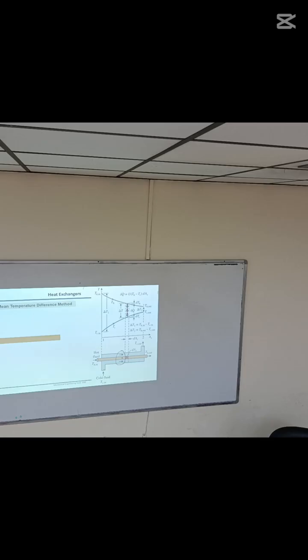So what you see here, the cold fluid temperature is increasing and the hot fluid temperature is decreasing. And here you have maximum delta T and here you have minimum delta T at the end, but this change is not linear.